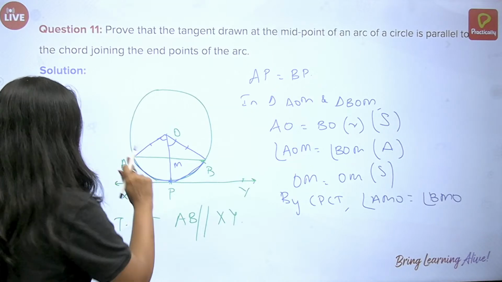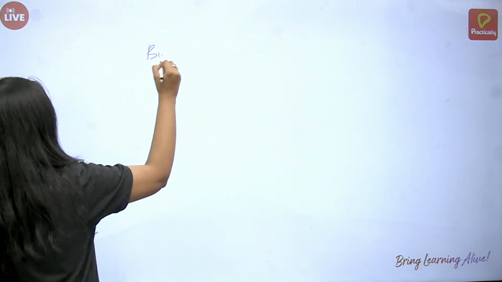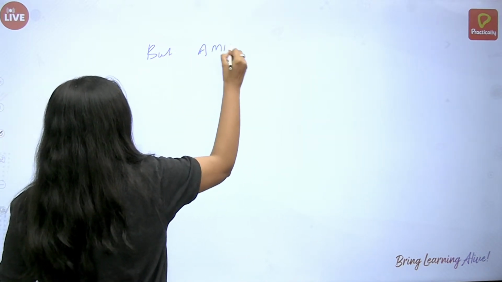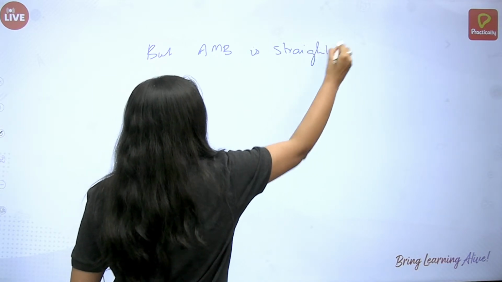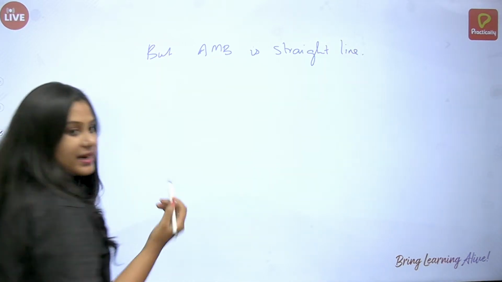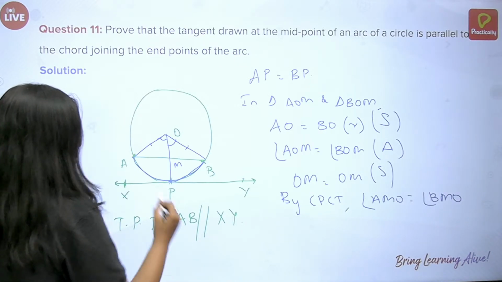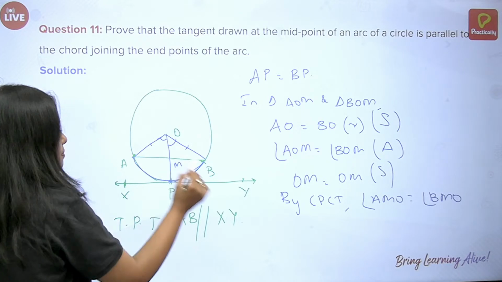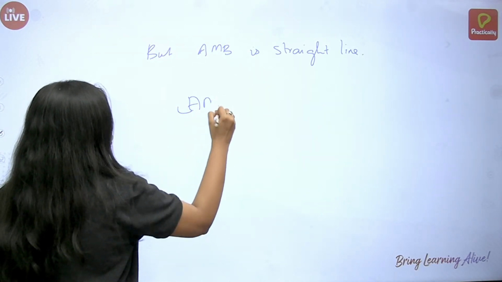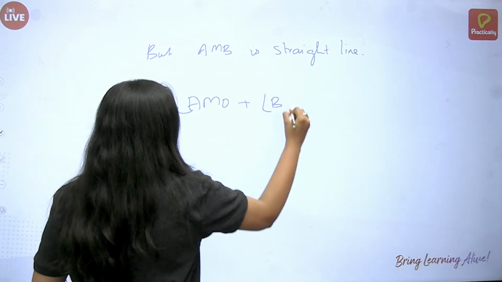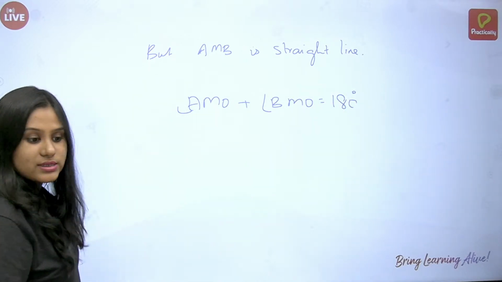Correct? But we see that AMB is a straight line. And what is the angle of a straight line? It is 180 degrees. So, angle AMO plus angle BMO is equal to 180 degrees. But these two angles are equal.